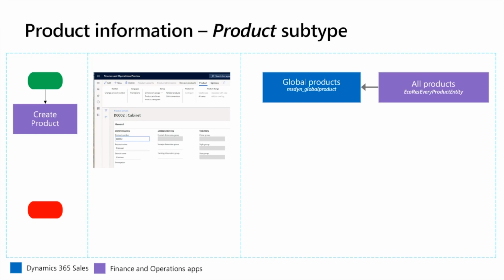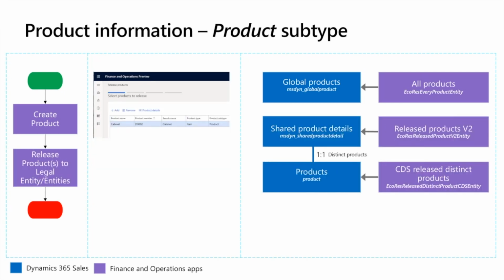That's triggering this integration here with all products. And then when we release those products to legal entities, we are also triggering these two flows. And really the key entity here in sales is the product entity. So for every one of these products per legal entity, there will be one product there.